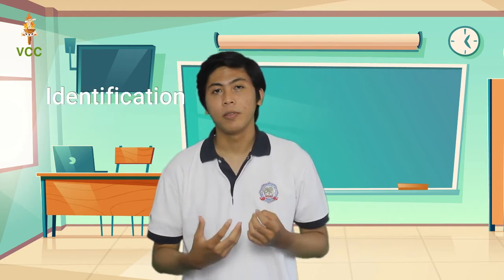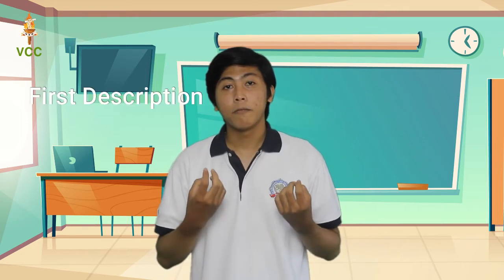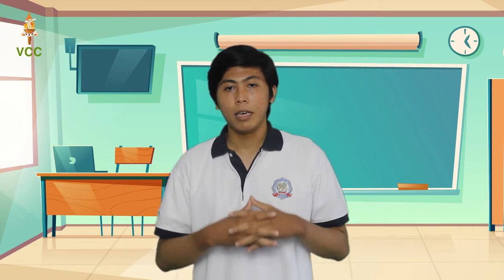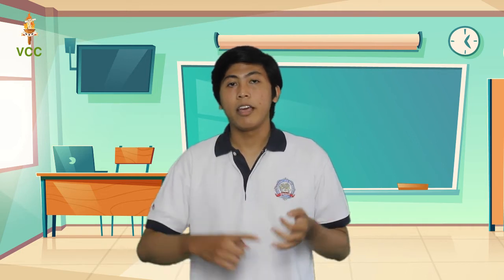Basically we are going to start with the identification. In identification, we input things such as where it is and what it is. In this case, the question is: where is the historical building and what is the historical building? As for the first description, we input the delegations that took part in this agreement, for example Indonesia, Netherlands, and British.